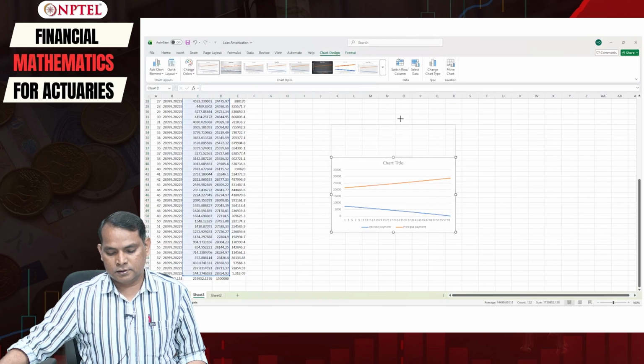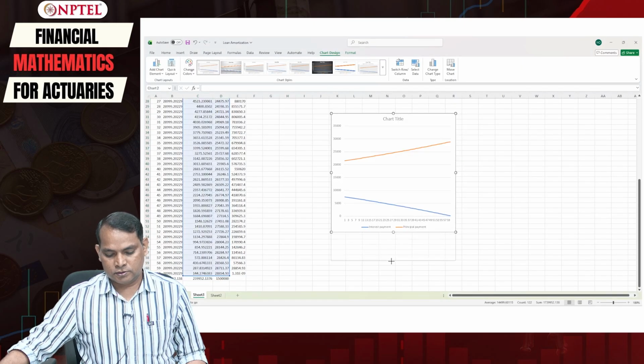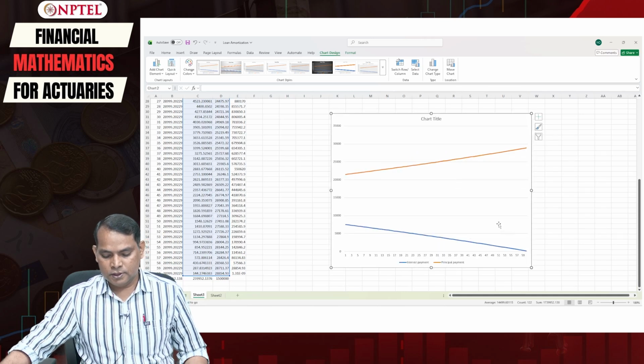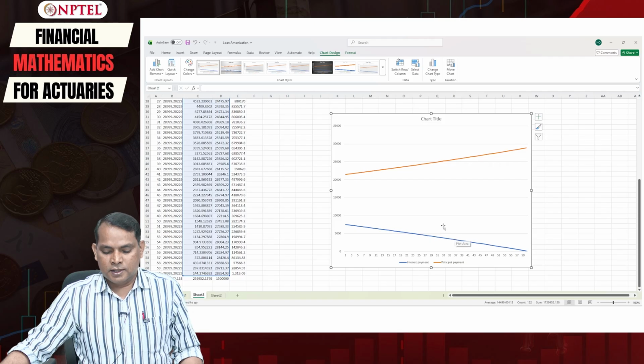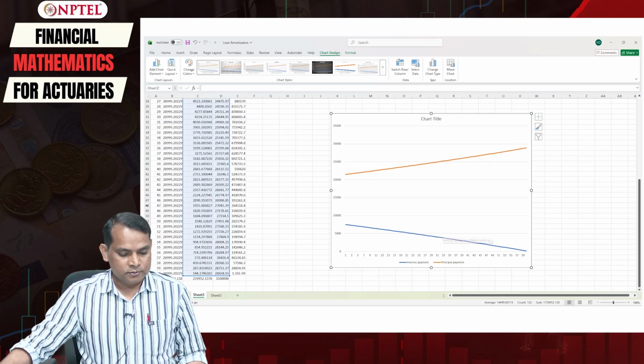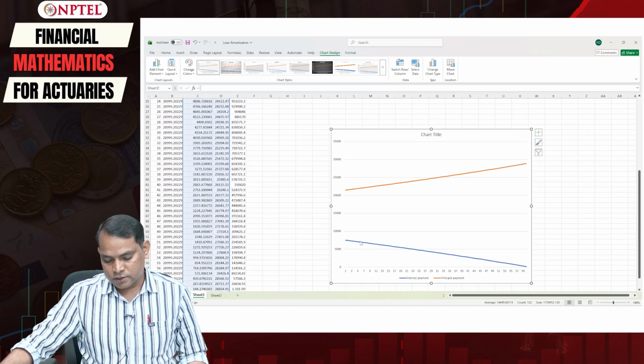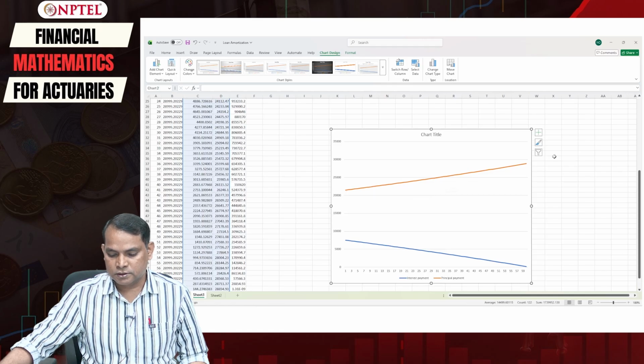Right? This is what I was talking about, right? As your payment goes on, you will get this table. Now you can see that the blue line is the interest payment, which is gradually decreasing, whereas the orange line here is the principal payment. So gradually it is increasing. This is interesting, right?